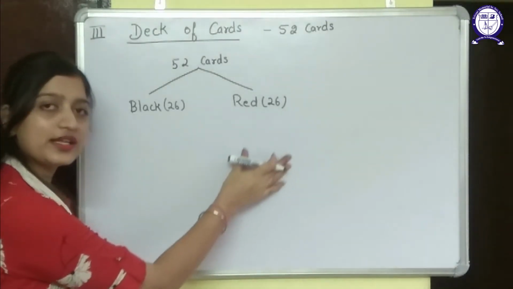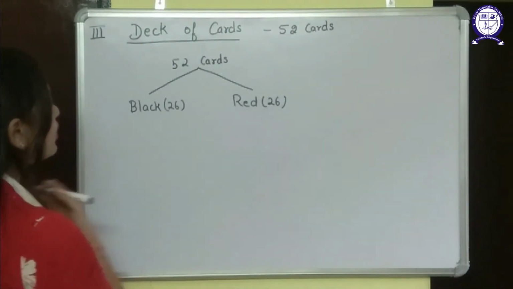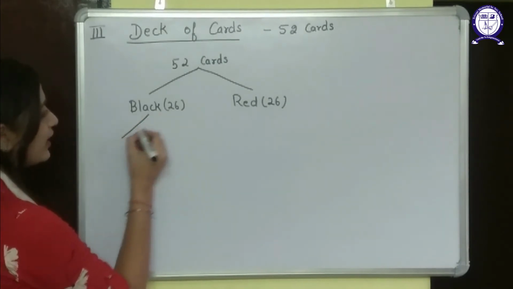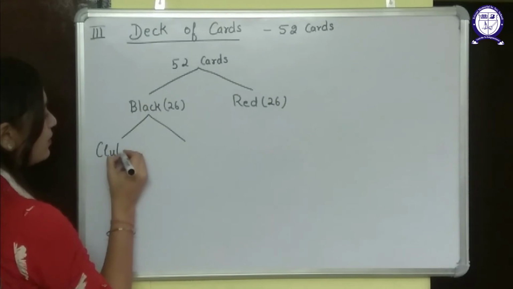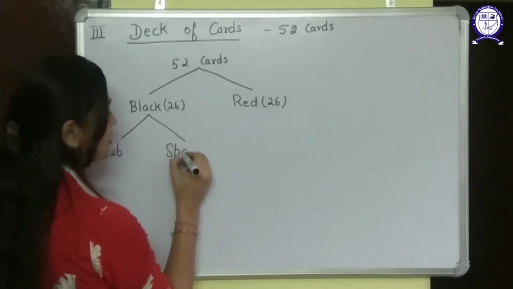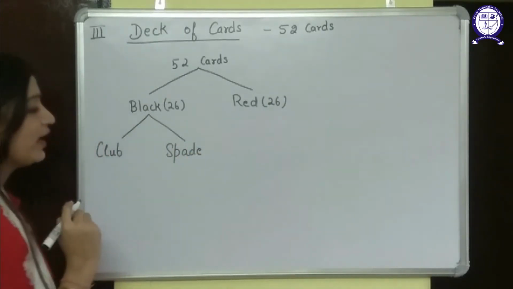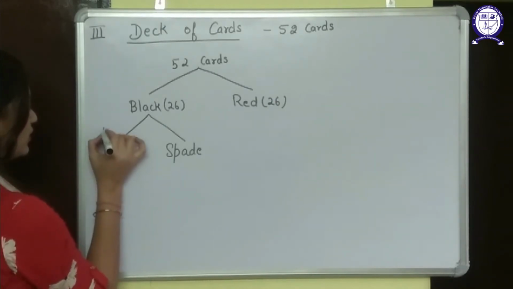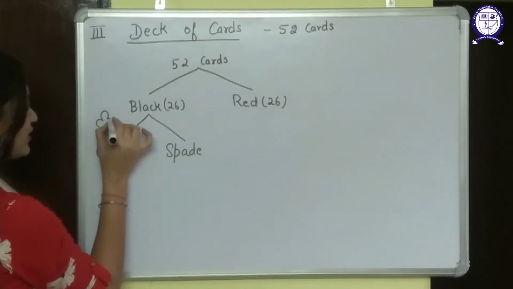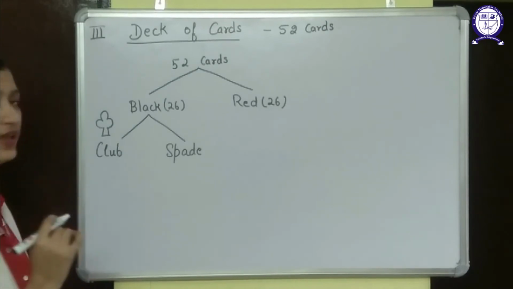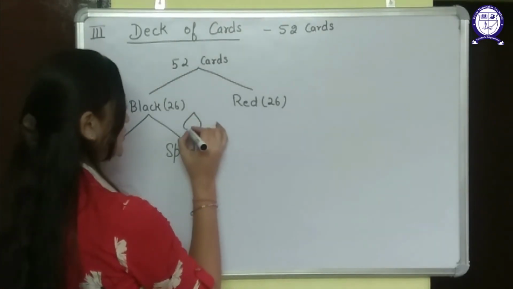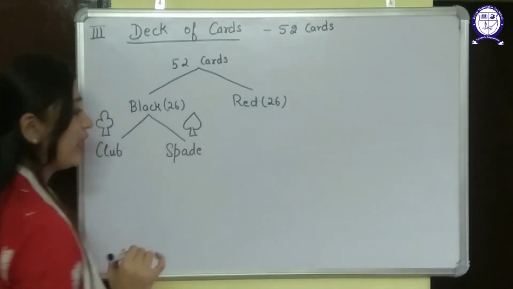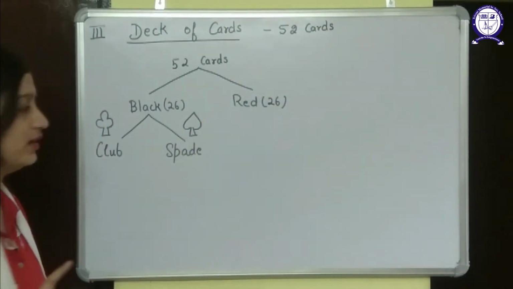Now in black cards there are 2 suits, that is, first one is club and second one is spade. Club is the symbol written like this, and spade is the symbol written like this. These are black in color.